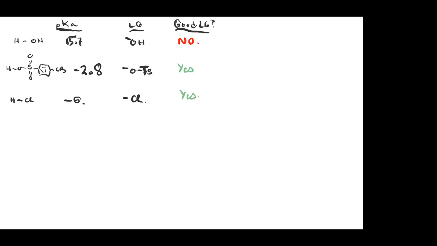Okay, and so, for example, if you took an alkyl mesylate and reacted that with sodium acetate, we get our displacement to go.